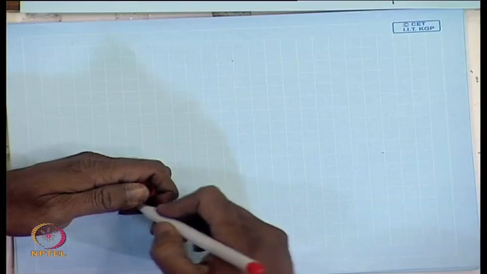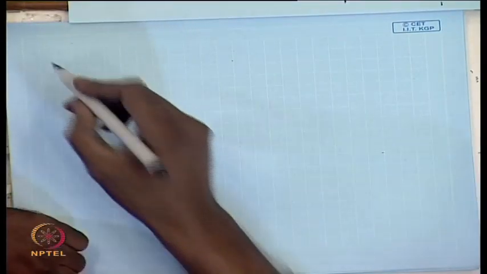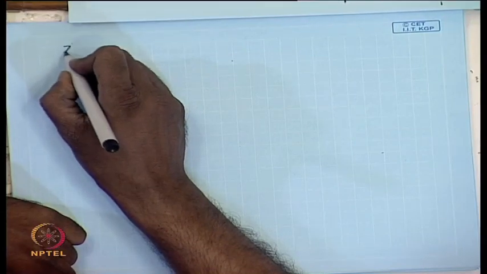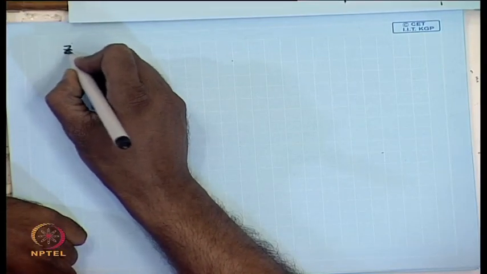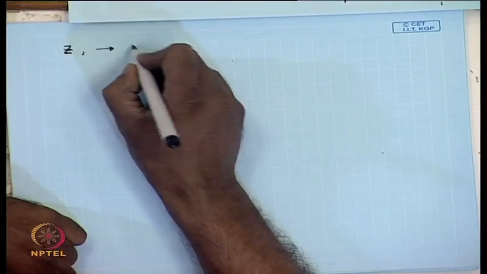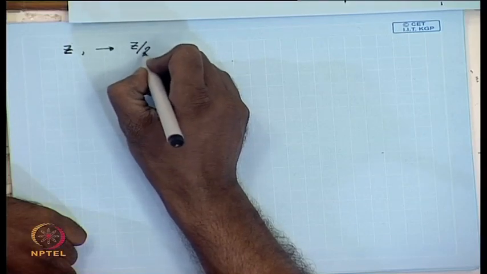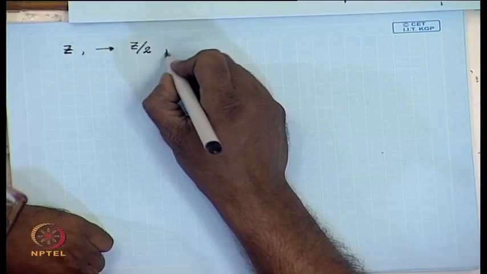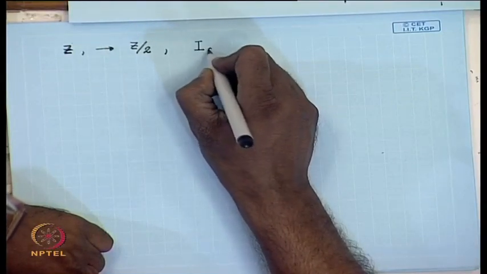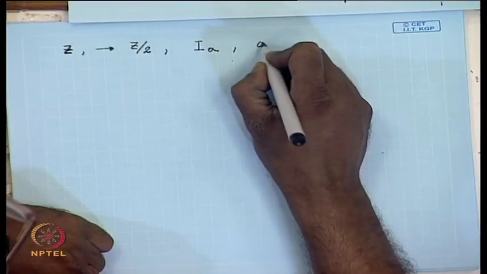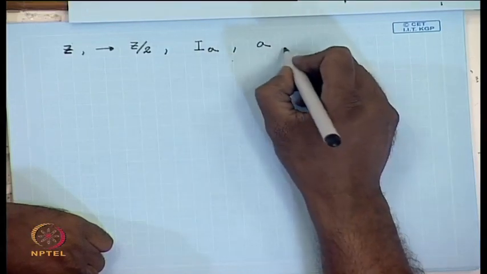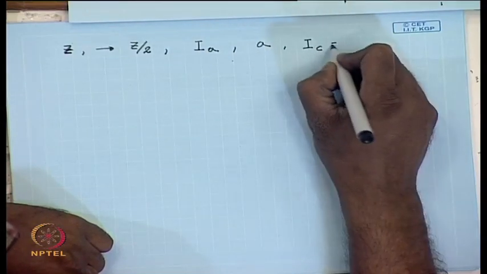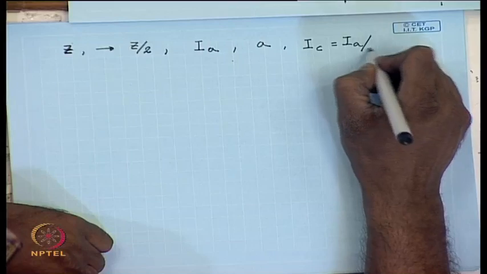So, Z is the total number of conductors in the armature. The total number of turns is Z by 2, and if the total armature current is I A and the number of parallel paths is A, then the current I C in the conductor equals I A by A.